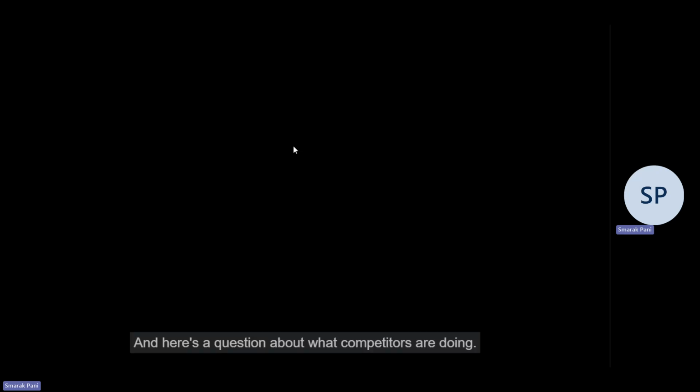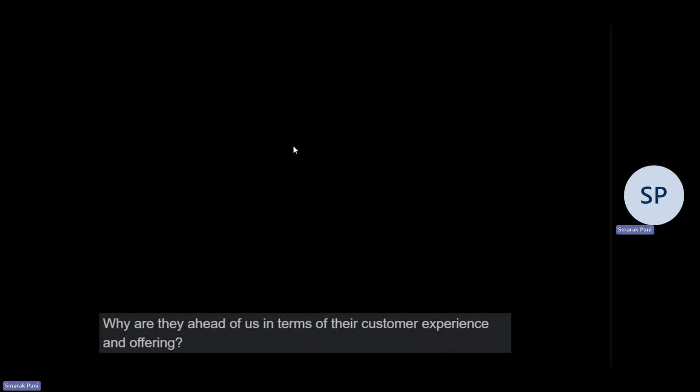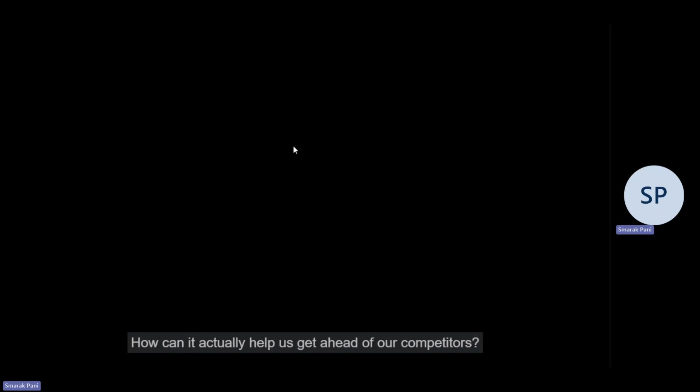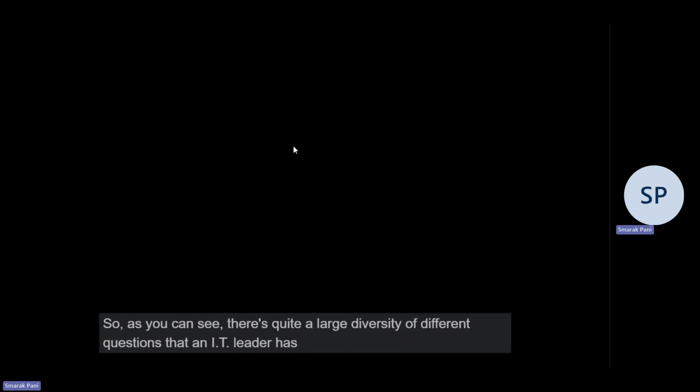And here's a question about what competitors are doing. Why are they ahead of us in terms of their customer experience and offering? How can IT actually help us get ahead of our competitors? So as you can see, there's quite a large diversity of different questions that an IT leader has to deal with. Some of these questions may be around strategy. Some of them are around financials and return on investment.